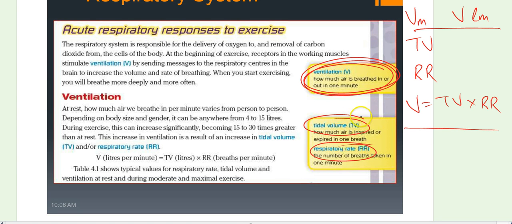Looking at tidal volume again, tidal volume does increase itself as we do physical activity, so we breathe more deeply, meaning that we get a greater amount of air per breath. The point at which our tidal volume is at its maximum we call our vital capacity.